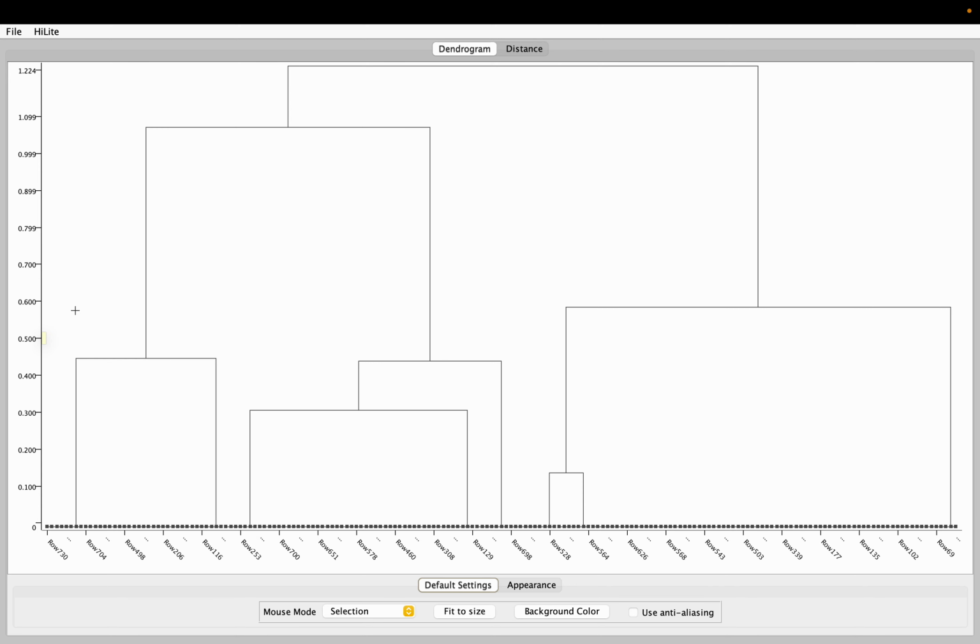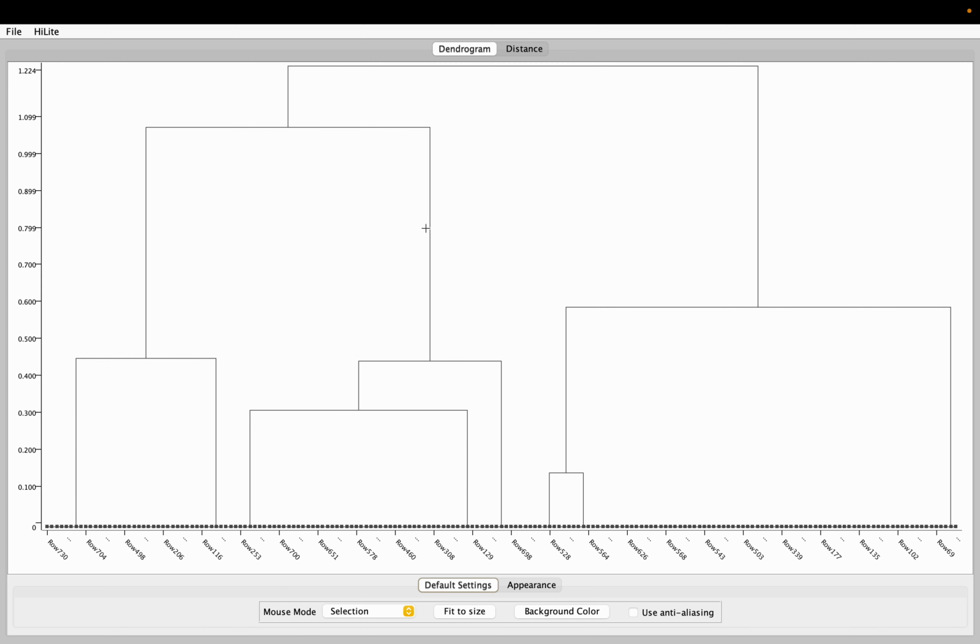The y-axis shows the distance or dissimilarity between the data points as they are merged into multiple clusters. Each merge point, that is a node, shows at what distance two elements or two clusters were joined. The higher the branch, the greater is the difference between the clusters before merging.